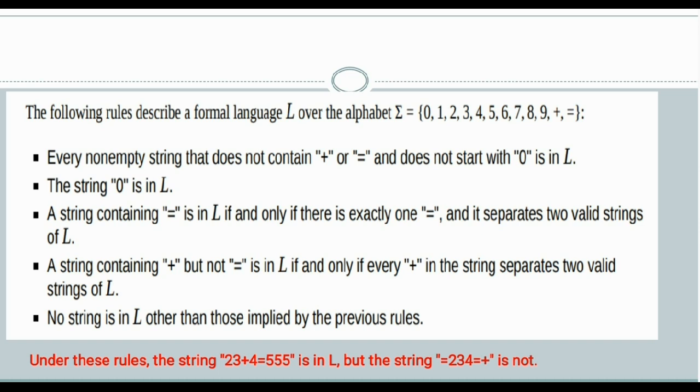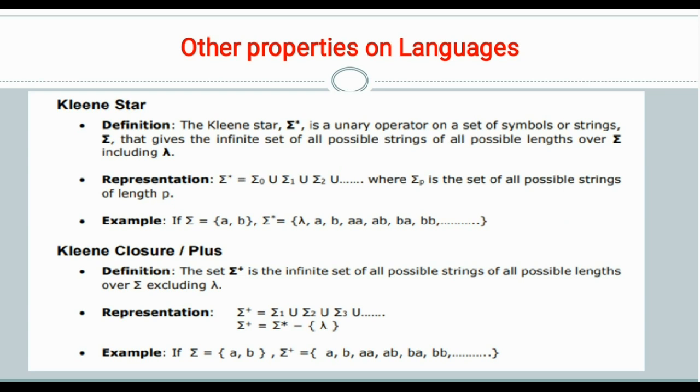Coming to the next, equals 2 3 4 equals plus, it is not valid because whenever you have the equals symbol, the third rule says you should have exactly one. Here there are two equals, so this string does not belong to the language.